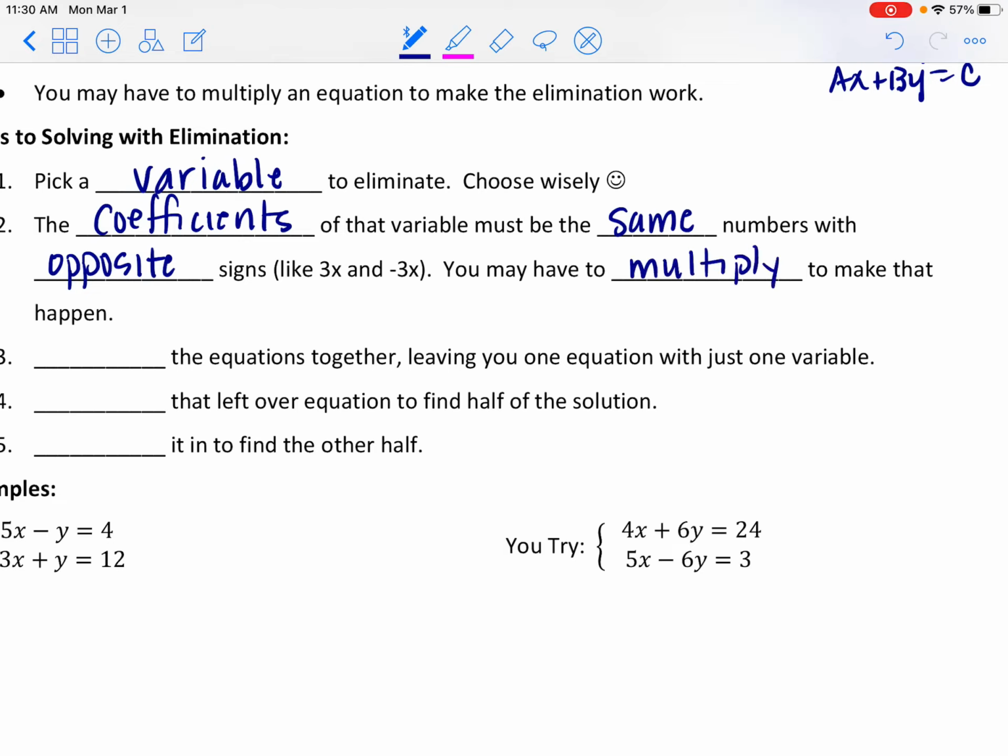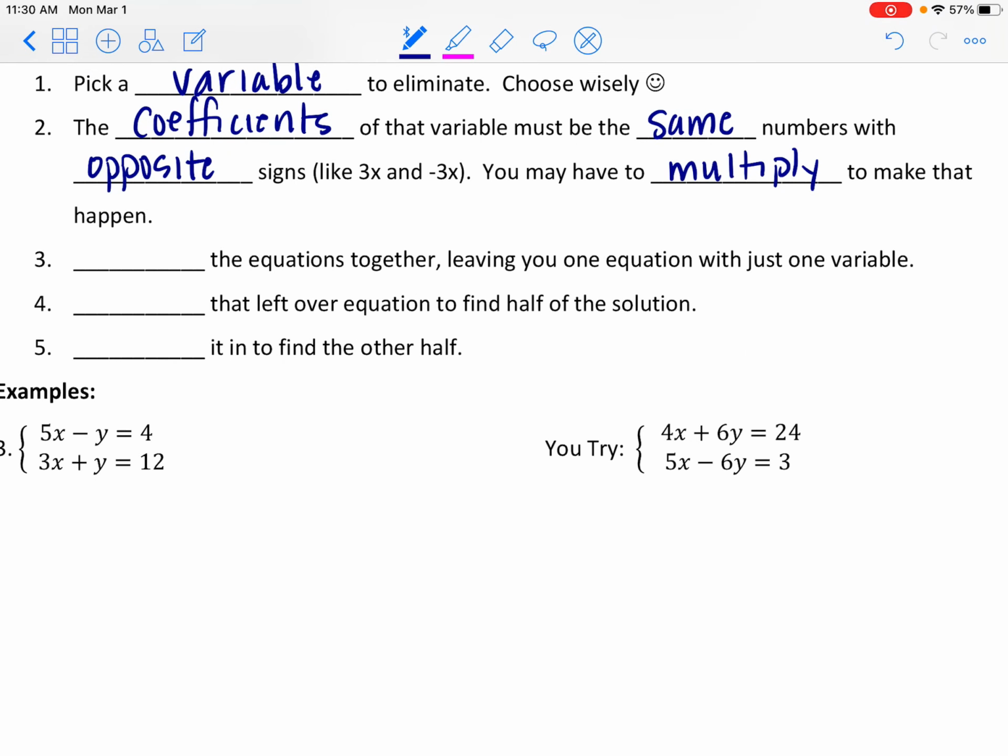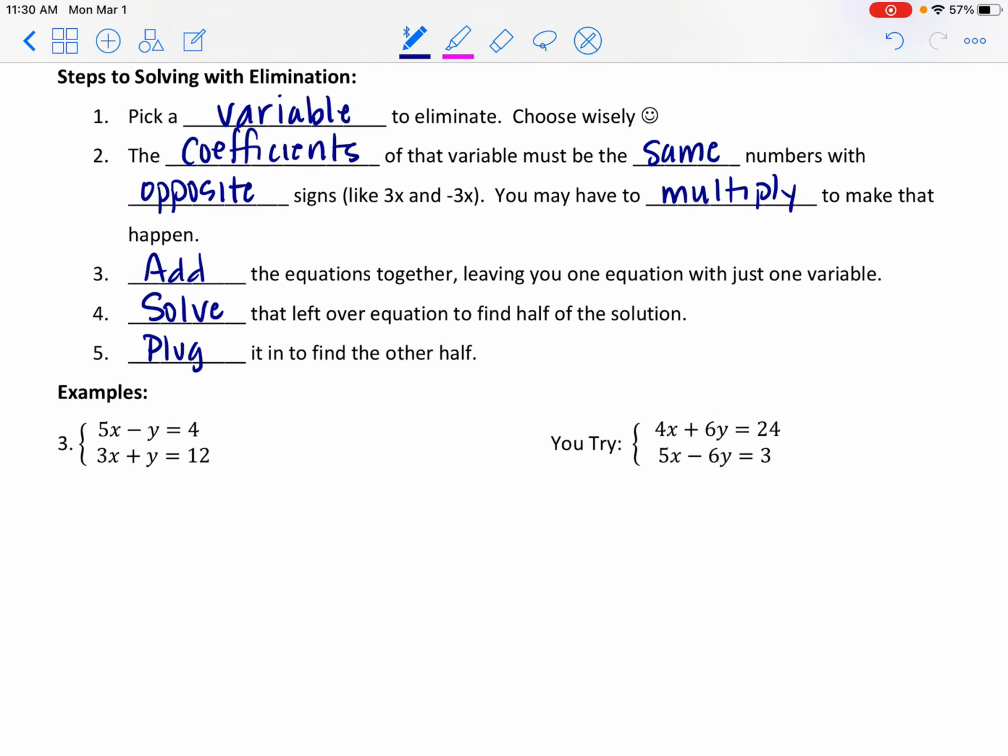I'll show you that in just a little bit. And once we have that, and sometimes we start with that, we will add the equations together. That's a legal move. And again, what that's going to do is the same thing substitution did for us. It's going to leave us with one equation with one variable. And we solve it to get part of our solution, and then we plug that in to get the other part of the solution. Okay?